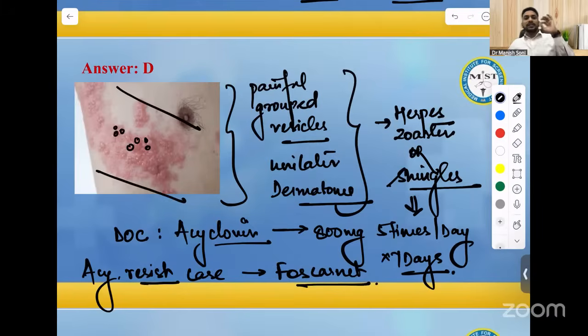Remember that the drug of choice is acyclovir, but if it is written that the patient is resistant to acyclovir, then use foscarnet. Don't mark valacyclovir or famciclovir. Why? Because valacyclovir and famciclovir, when they go in the body, convert to acyclovir, and the patient is having acyclovir resistance. So we will give foscarnet.